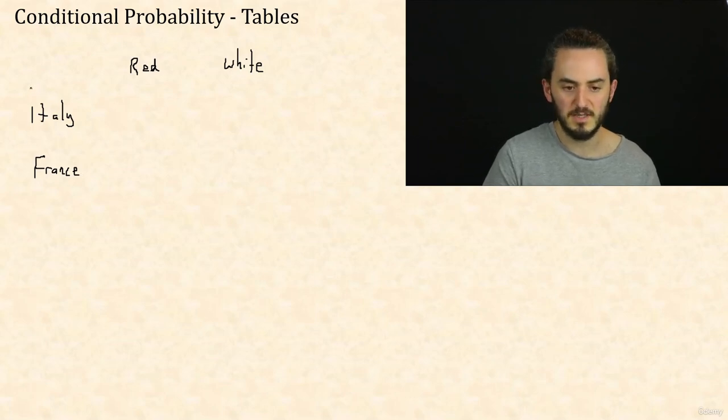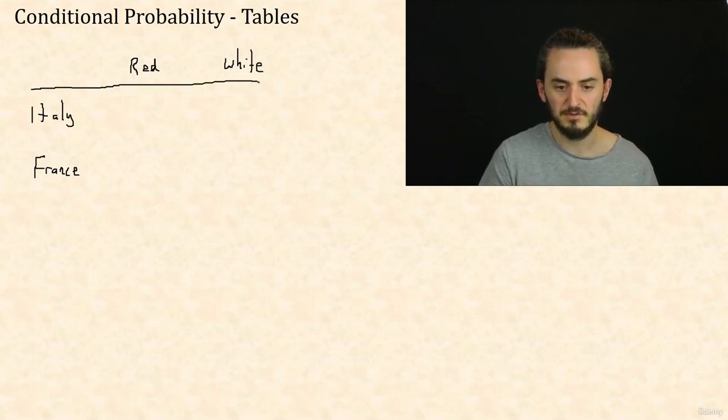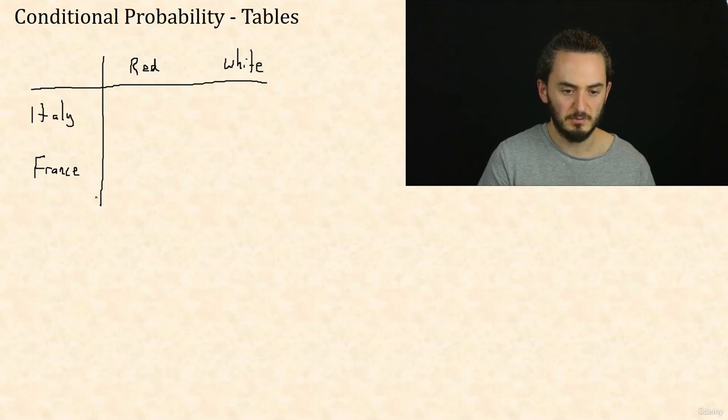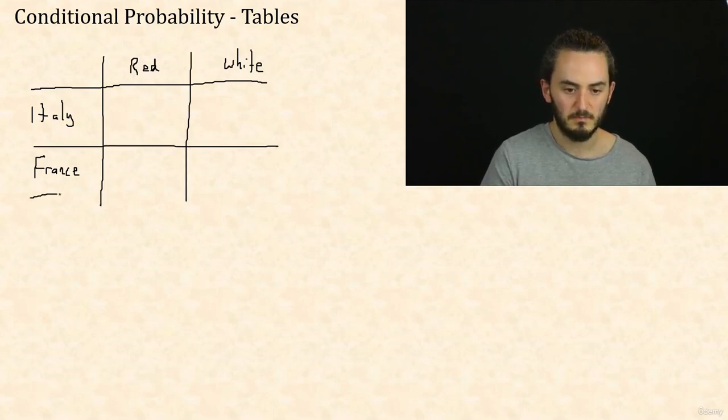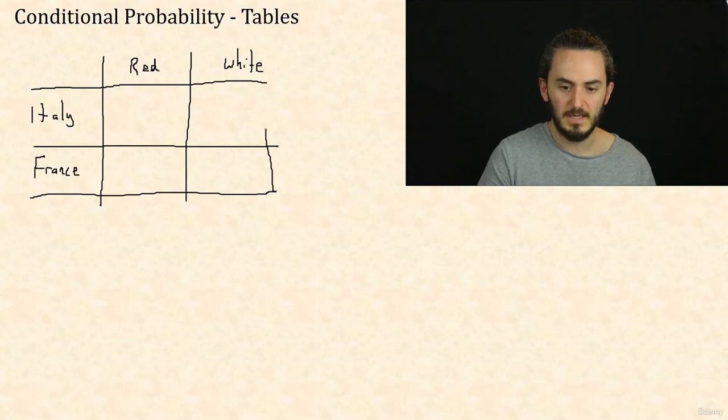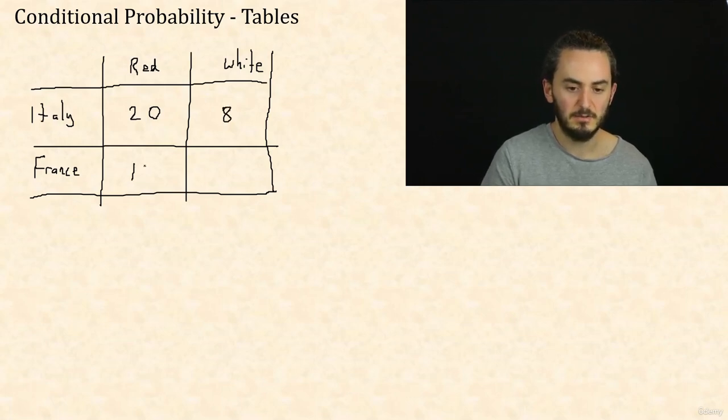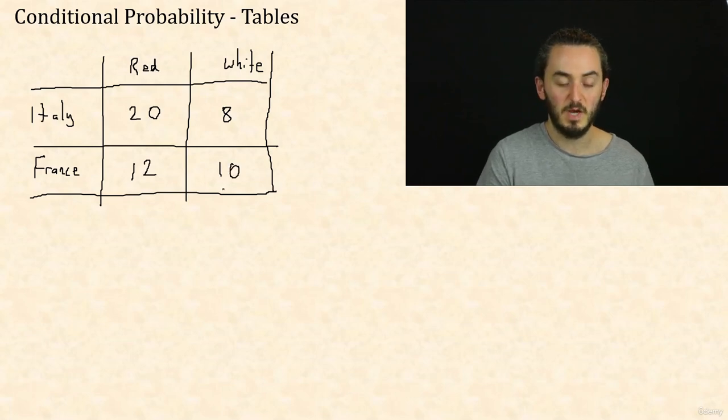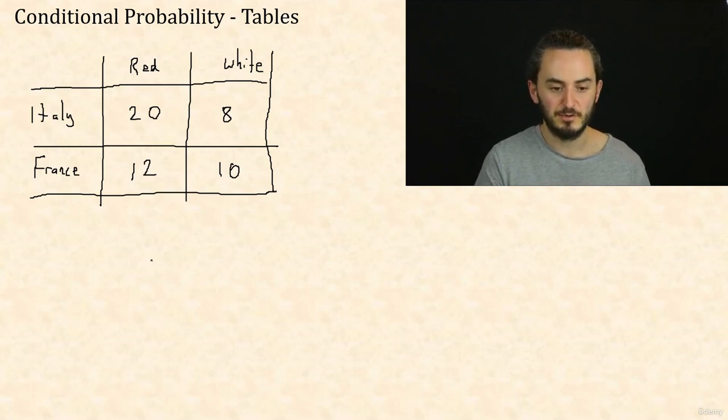It's either red or white, and it's either Italy or France. I have this table where I keep track of all my wine, and let's say the numbers are as follows. I have 20 Italian reds, 8 Italian whites, 12 French reds, and 10 French whites.